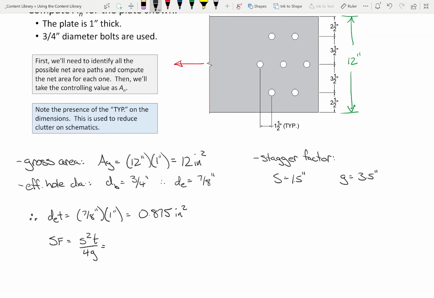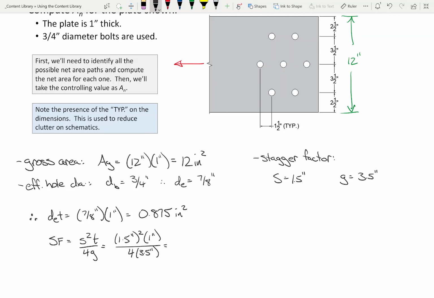So that's going to be 1.5 inches squared times 1 over 4 times 3.5. So what does that come out to be? And let's do 3 decimal places.